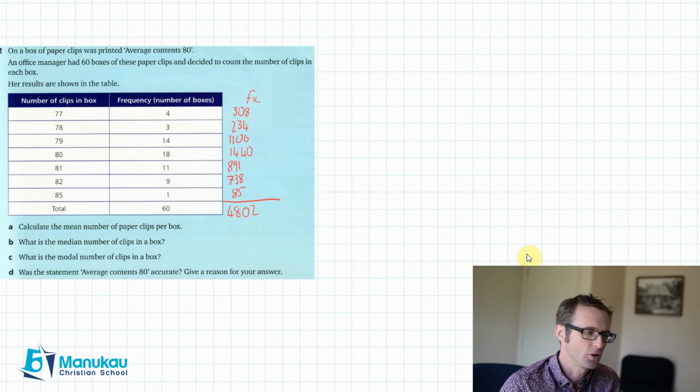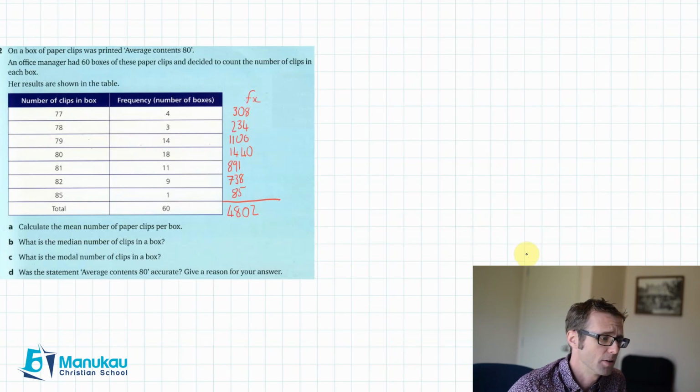That sounds like a useful use of somebody's time. So there were 77 clips in 4 boxes, 78 clips in 3 boxes, etc. And so he is going to calculate the mean, the median, and the mode, and decide whether the average contents of 80 is an accurate statement.